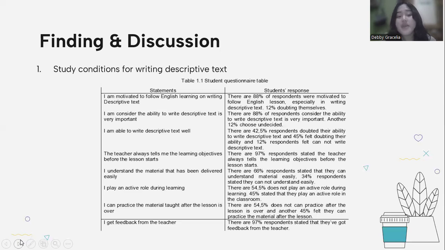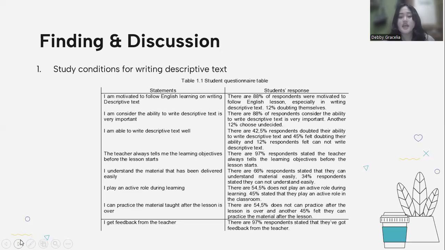Next, I play an active role during the learning. Yeah, in here, some of the students maybe feel shy and confused about answering the question or sharing their ideas.